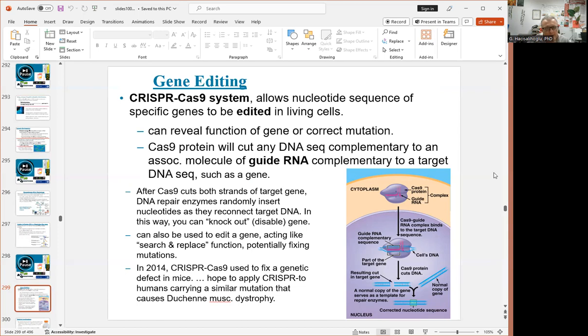It's the Cas9 enzyme. It cuts both strands of the target gene DNA, and the repair enzymes randomly insert nucleotides and then knock out the disabled gene. This has a lot of promise because it could maybe be used to fix genetic disorders by cutting out the mutation and fixing it. So it's a really interesting technique called gene editing.